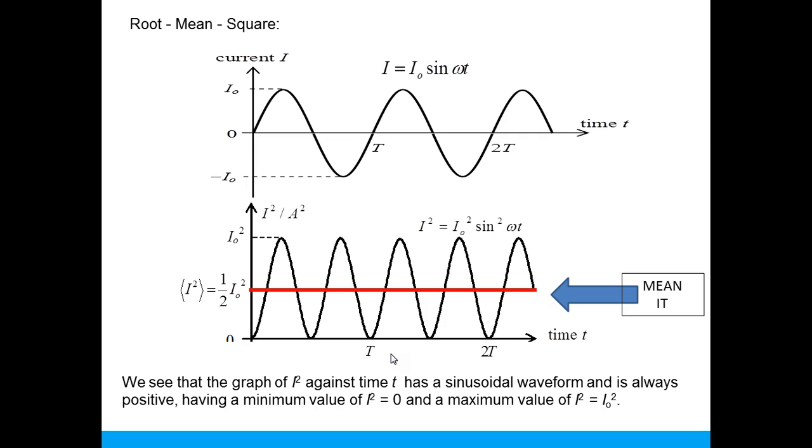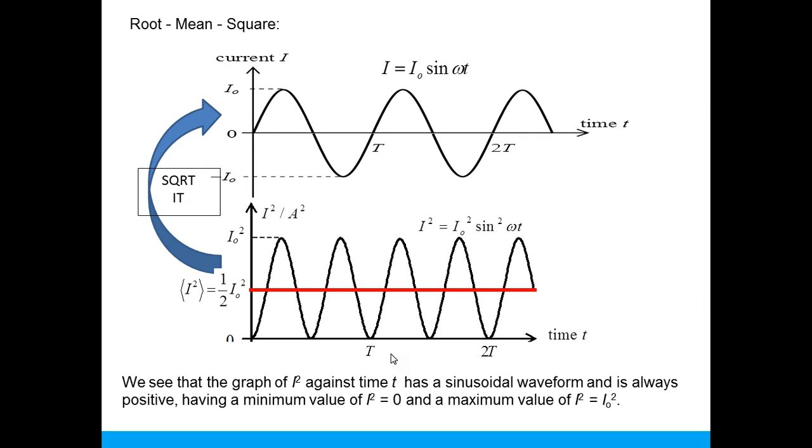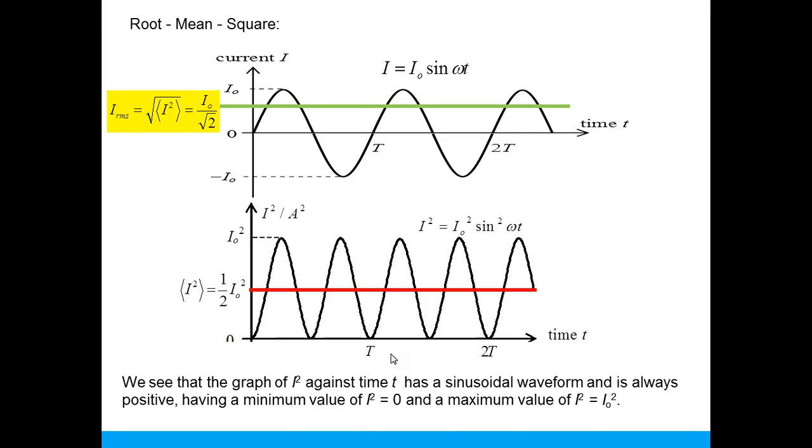After taking the mean, we have to square root it. Since the mean value is half I0 square, the root mean square value will simply then be I0 over square root 2, provided by the yellow box with the formula.